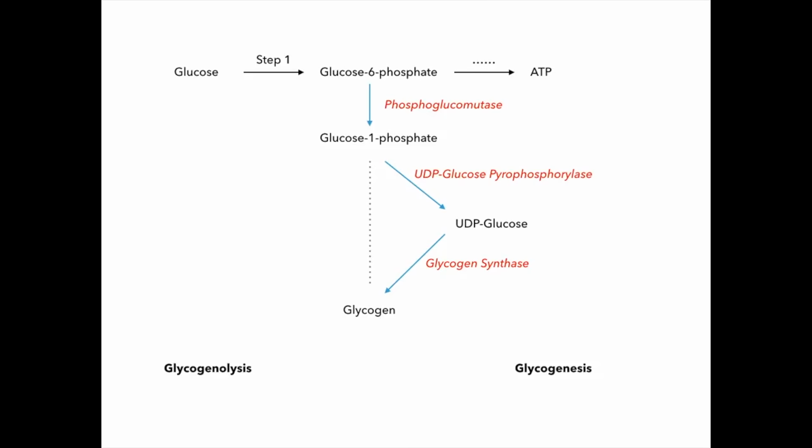So that is glycogen synthesis. Those three enzymes, nothing else. You're starting from glucose 6-phosphate in the glycolysis pathway, kind of stealing it from the glycolysis pathway, going to glucose 1-phosphate, and then turning glucose 1-phosphate into glycogen. Those are all the enzymes, and that's just what you need to know about glycogen synthesis.